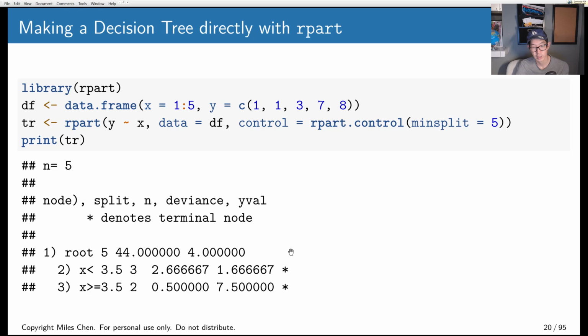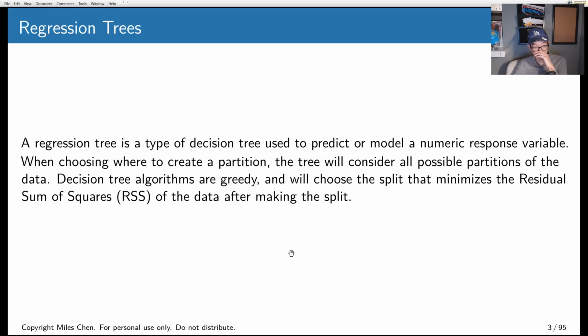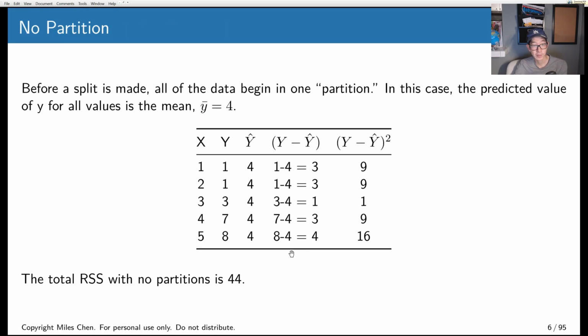Let me go back a few slides. So this was if we had no split whatsoever, our predicted value was 4. Our predicted value for all 5 observations was 4. And then the RSS, when you used 4 for your prediction, was 44.